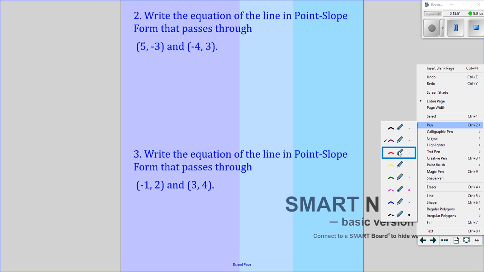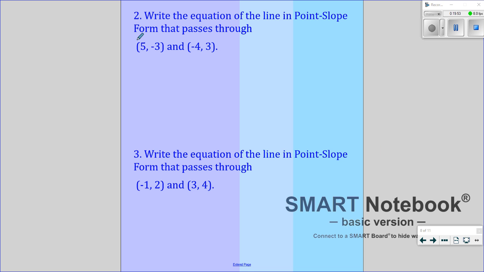And I'm going to label this one. So they say write an equation of a line in point slope form that passes through 5, negative 3 and negative 4, 3. So then this one would be x1, y1, and this is x2, y2. So first I'm going to do the slope. So y2 minus y1 over x2 minus x1.